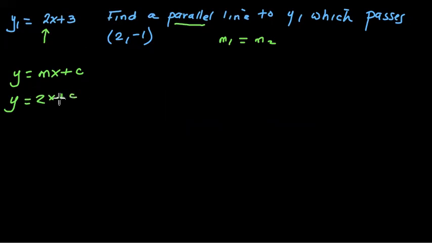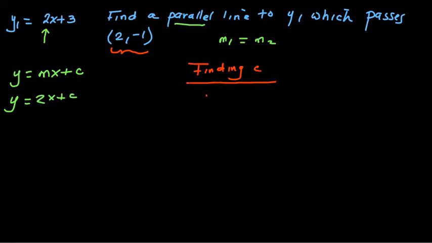Now this still isn't a complete equation of a line. I don't have c, but that's okay, because in a previous module, I was taught how to find c. I know it passes through this point, so I use this point to find c.